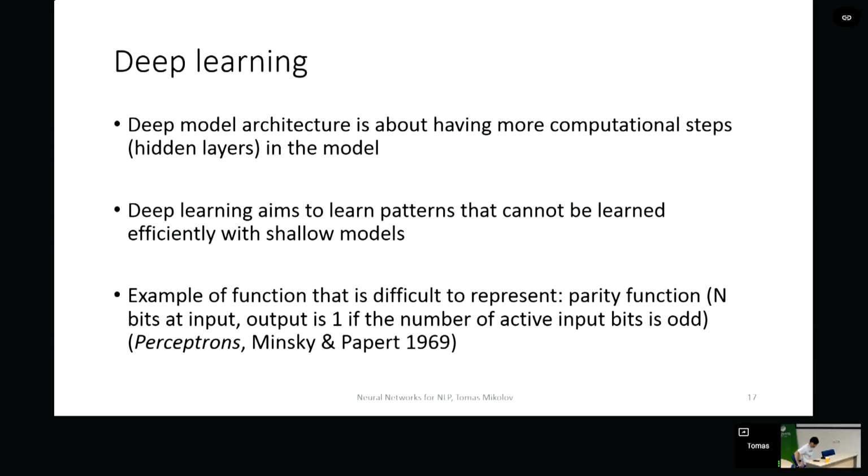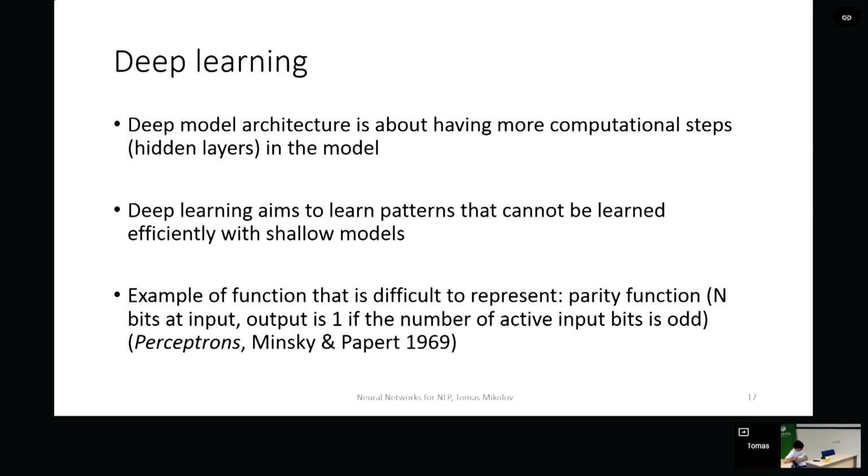Originally, the term was supposed to mean a model that does n nonlinear computational steps before it produces output, where n was supposed to be bigger than 2 or 3. So you can see it as a neural network that has more than 3 hidden layers would be considered deep, and if it has less than 3 layers, then it would be considered shallow.